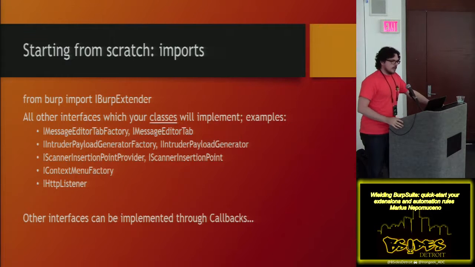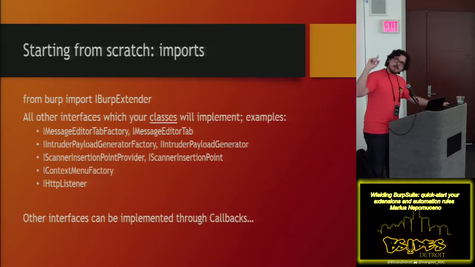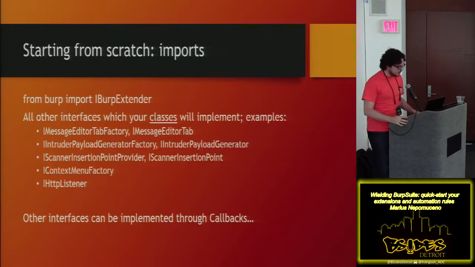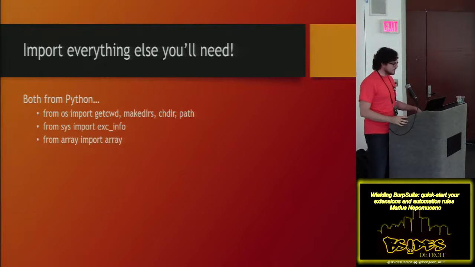So going back a little bit, again, of all the interfaces, only those that your actual classes will implement need to be imported, because all of the other BurpSuite interfaces can be accessed through something called callbacks. So keep that in mind. We'll talk about callbacks in a bit as well. After you're done importing all of the BurpSuite interfaces, import everything else you need.